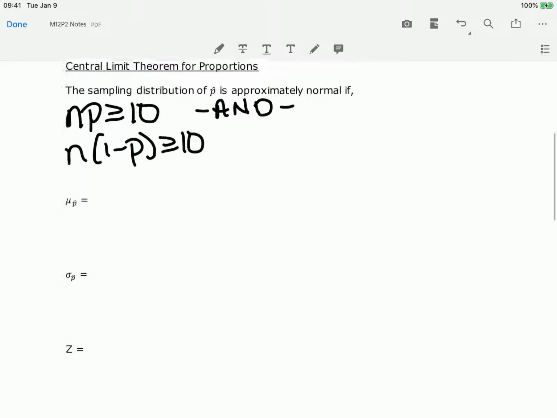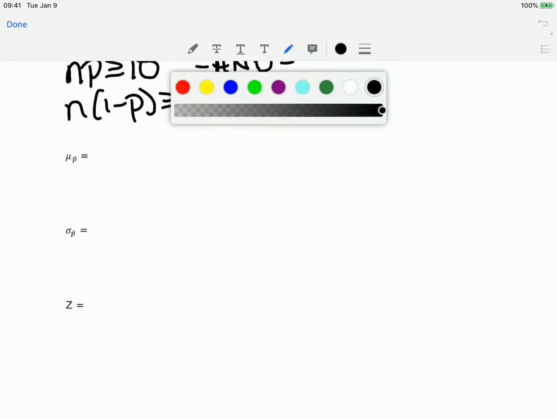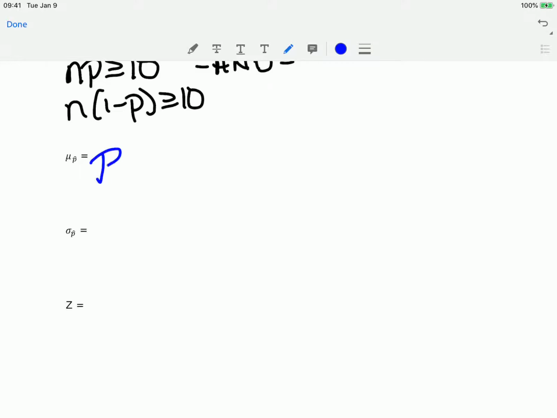Both of these must be true for you to say that you have a normally distributed sampling distribution. The mean of our sampling distribution is equal to the population proportion, which is just lowercase p. The standard deviation is the square root of p times 1 minus p divided by n.